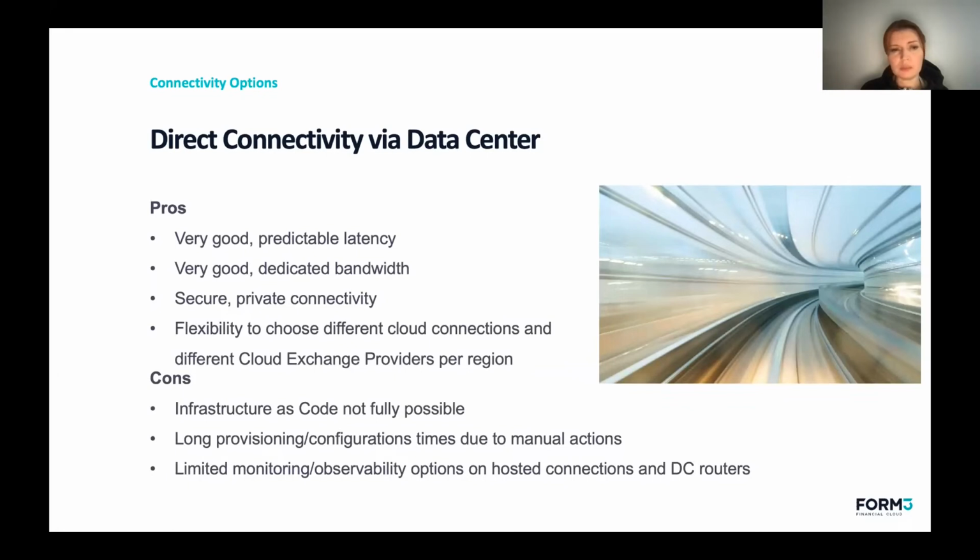Depending on our needs, we can configure different connections with different bandwidth to all three cloud providers. We also have flexibility to choose different cloud connections and different cloud exchange providers per region, so that's always a plus.